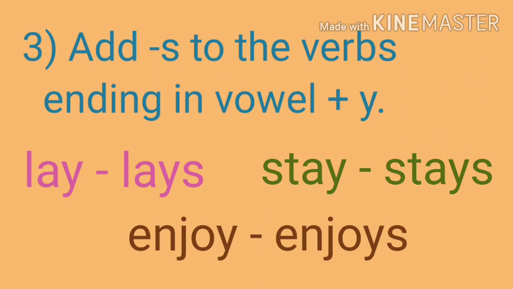Now the next way to form simple present tense is add s to the verbs ending in vowel and y. Example: lay. Lay becomes lays by adding s to the root form of the verb. Stay becomes stays when we add s to the root form of the verb. Similarly, enjoy becomes enjoys.